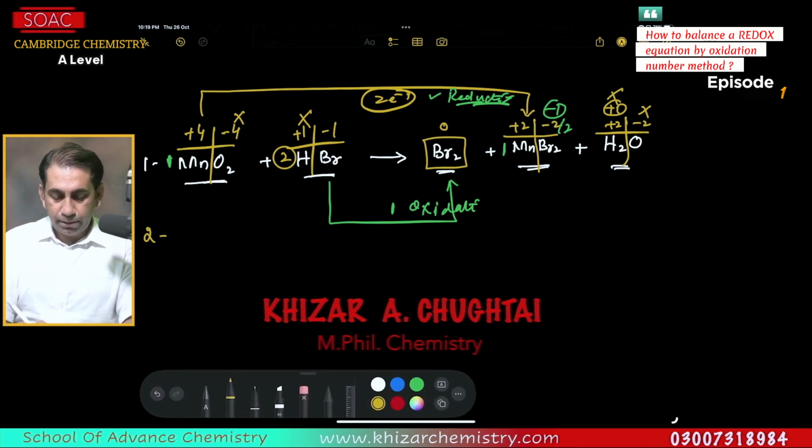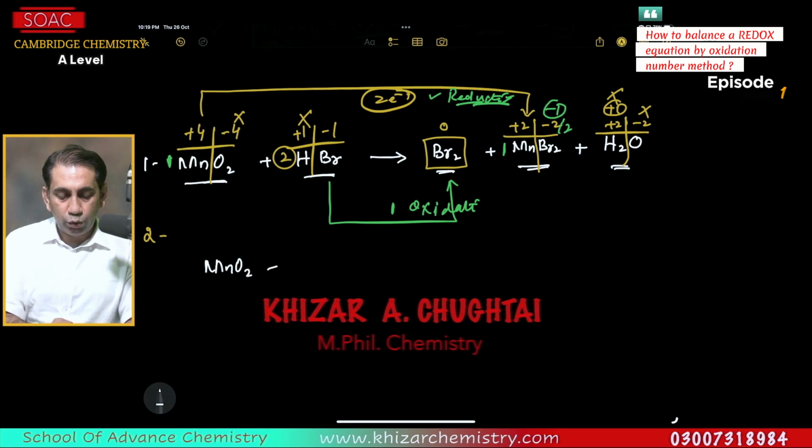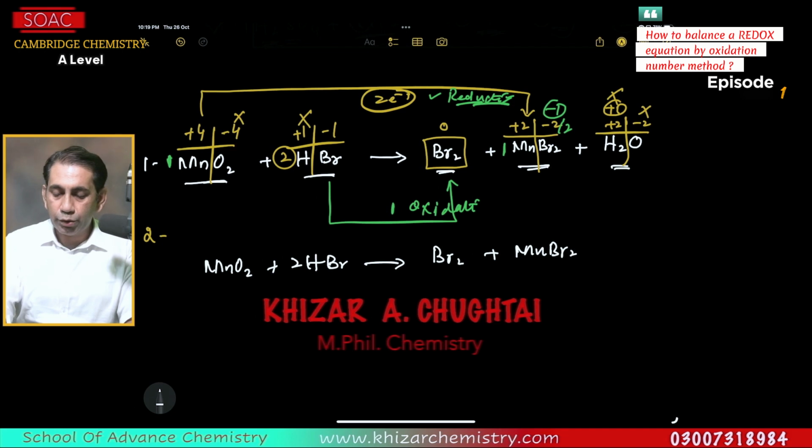I'm going to write this overall equation once again. MnO2 plus 2HBr goes to Br2 plus MnBr2 plus H2O.